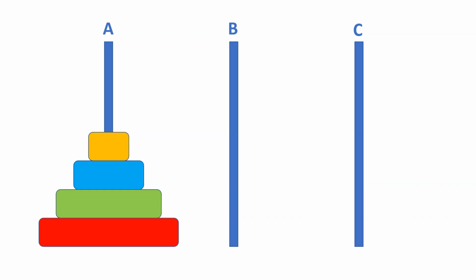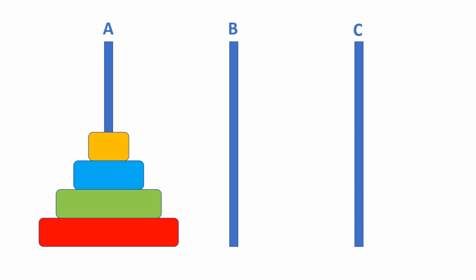Number two, you cannot put a bigger ring or disc on a smaller one. And that's the rule. When you look at this, you would say, okay, this is essentially defined by itself. A is a Hanoi Tower with 4 rings, right? So essentially, a 4-ring Hanoi Tower is a 3-ring Hanoi Tower with 1 extra ring.